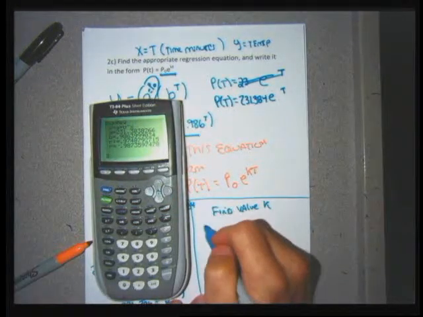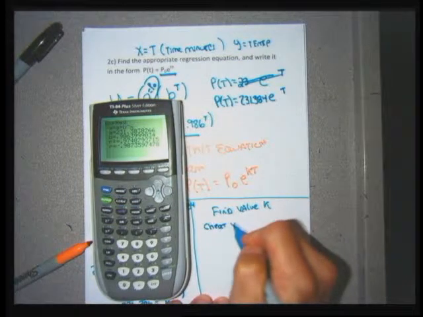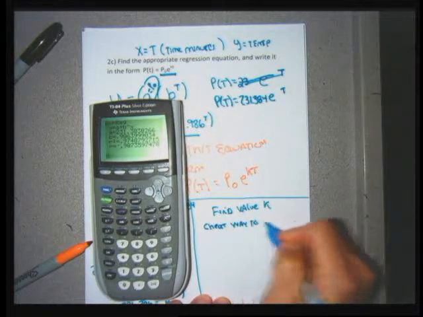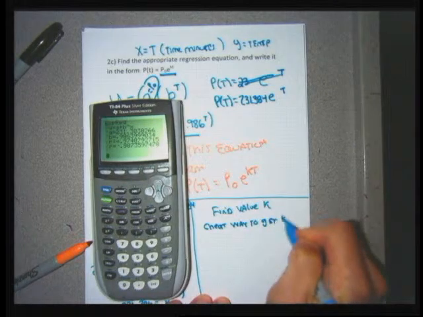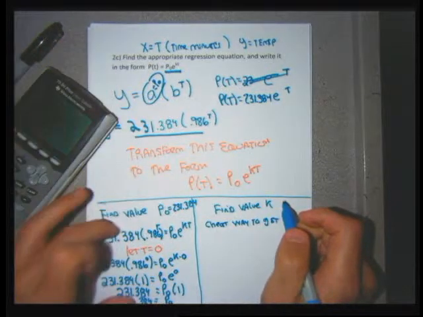So this is the cheating way, or the shortcut way. The shortcut way to get the P0 is just the A, or you could do this algebra.